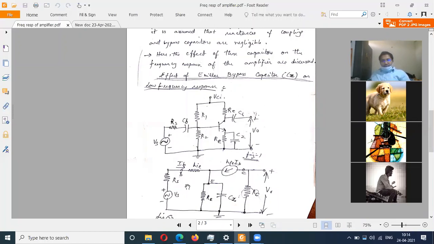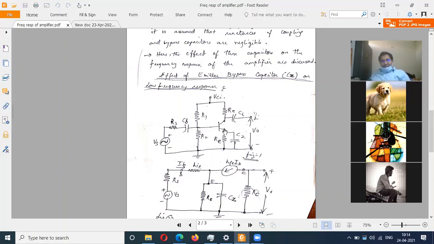So that capacitor shorted is connected to base. In parallel, we replace the transistor with the approximate equivalent circuit. From base to emitter, we have hie. I am not drawing the transistor; from base to emitter I draw hie.